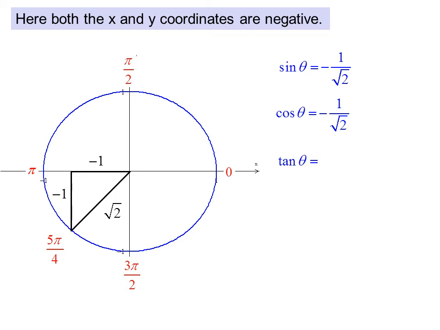Tangent theta is 1 because the negative signs cancel out. Secant theta is negative radical 2. Cosecant theta is negative radical 2. And cotangent theta is 1.